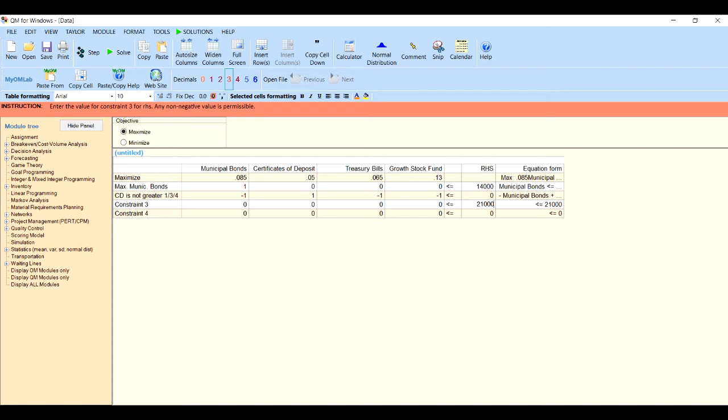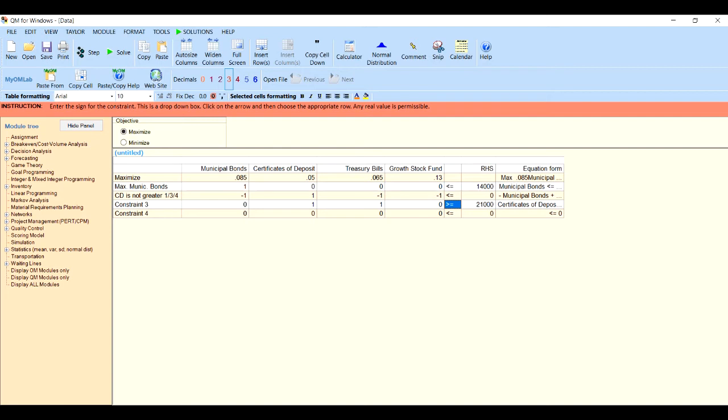Our new row is that our investor doesn't want to leave any money in the bank. She has $70,000 to invest. She wants to invest all of it. So we'll title this Total Invested.